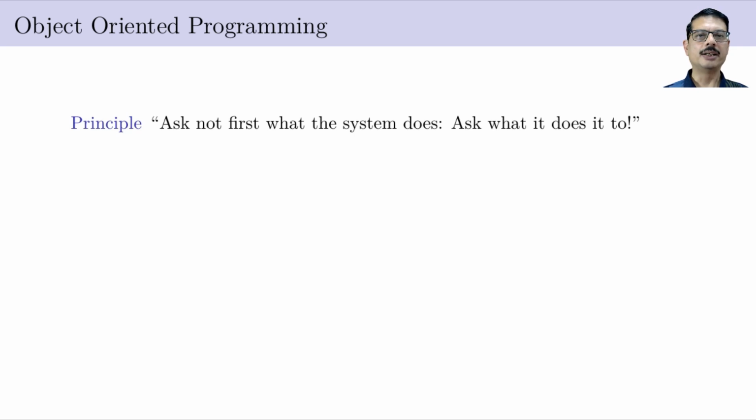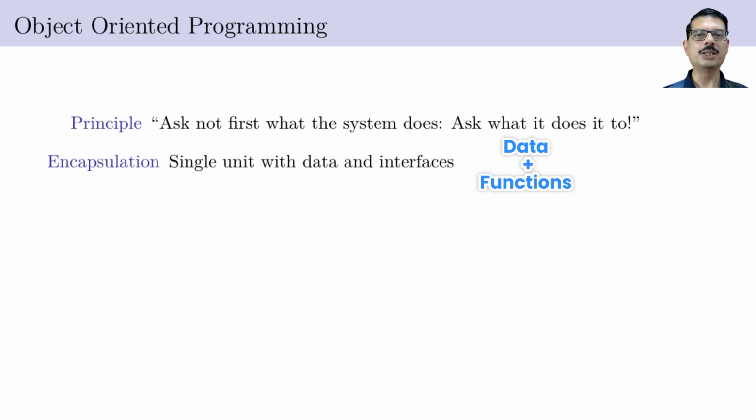This mindset naturally leads us toward designing objects. Next is encapsulation. This simply means we bundle data and the functions that work on that data together in one unit. Think of it as putting both your data and its tools in the same box, very neatly and very highly organized.